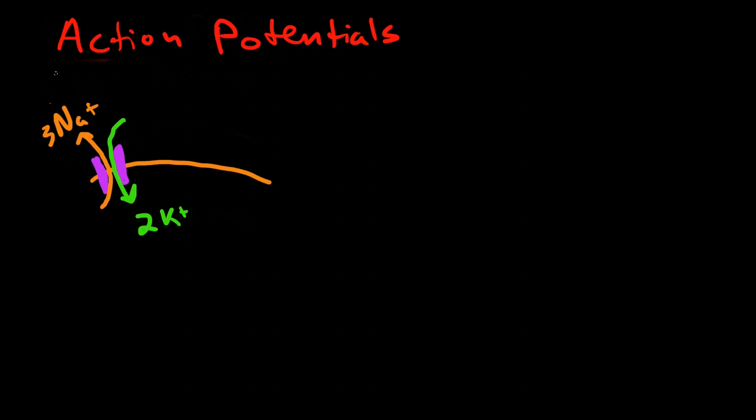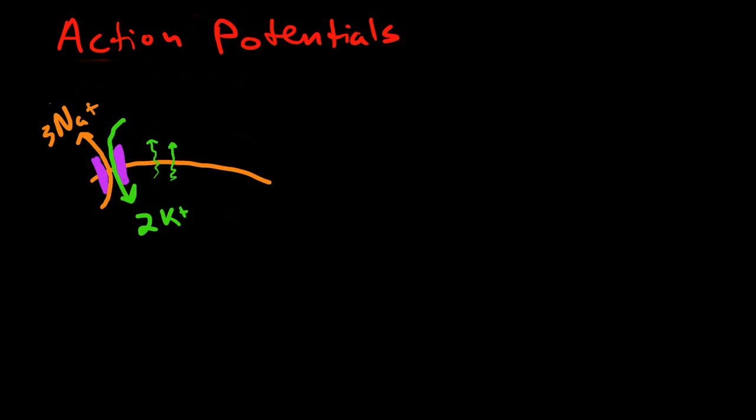And so we end up with a high concentration of sodium outside the cell and a high concentration of potassium inside the cell. And potassium also slowly leaks out of the cell through specialized potassium leak proteins.